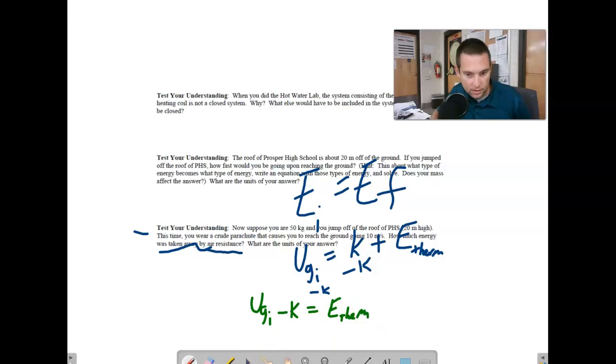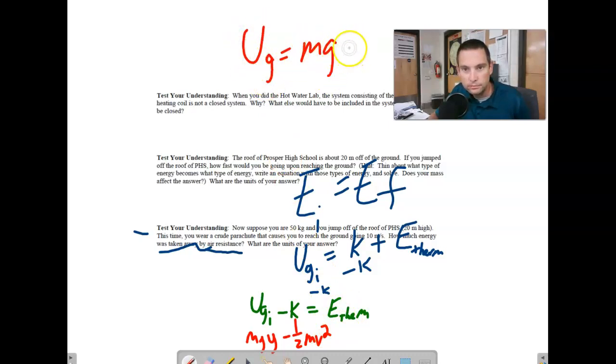And we know that UGI is mgy minus 1/2 mv squared. These equations, this UG equals mgy and K equals 1/2 mv squared, just practice enough to where you don't have to think about those equations.